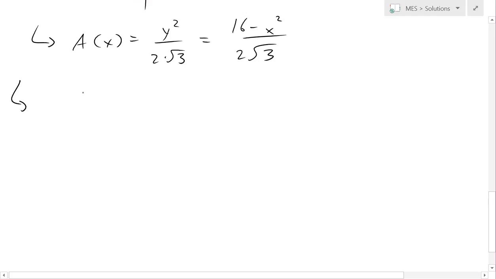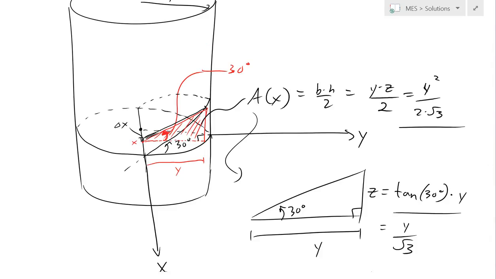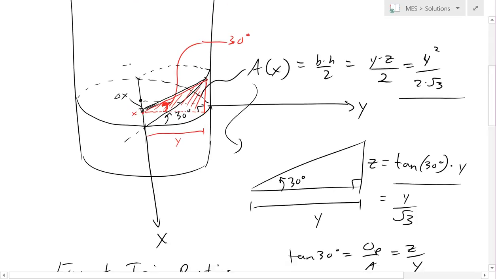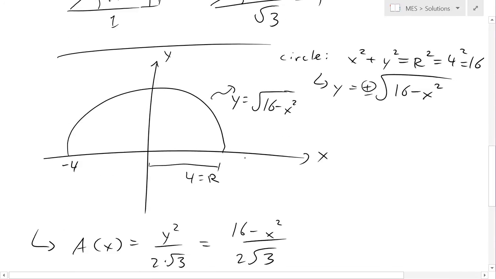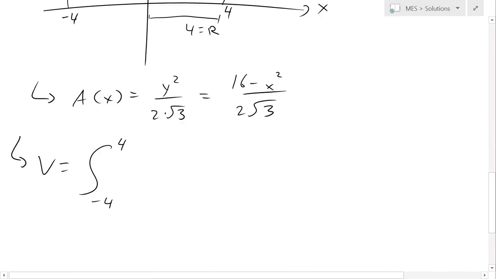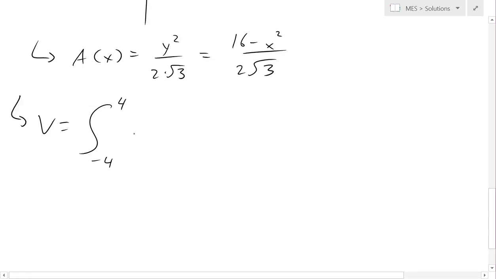So now the volume is going to equal the integral from -4 to 4, because again this is a circle. So this point will be -4, and here will be 4, or x equals 4. So same thing here, -4 all the way to 4. So we integrate from there to there of A of x times dx.